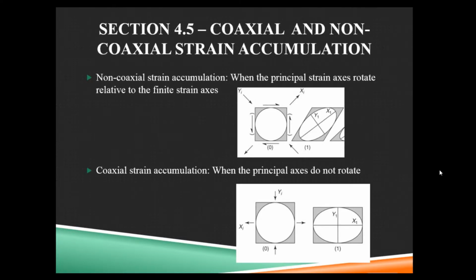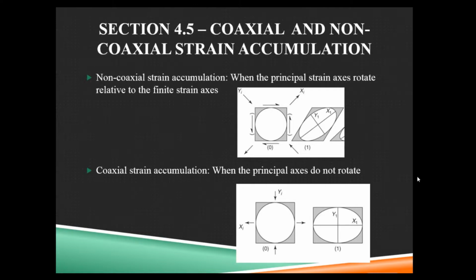So I'll restart on the slide here, talking about non-coaxial strain and coaxial strain. So the non-coaxial strain accumulation is when there is rotation of the principal axes, so they're not in the same orientation as they used to be, and you have some shearing going on basically.